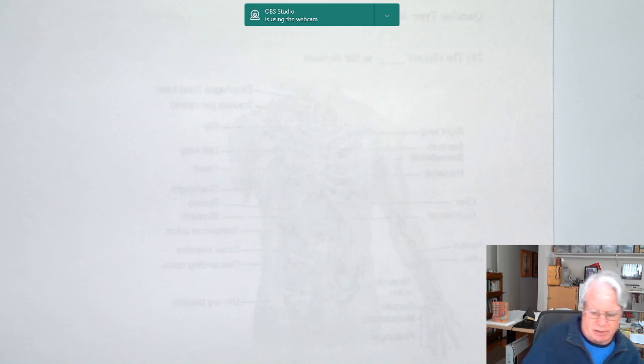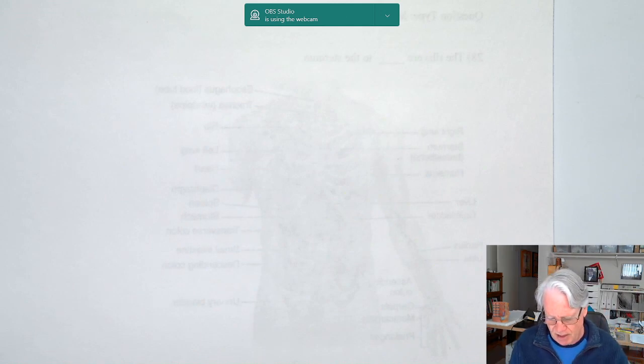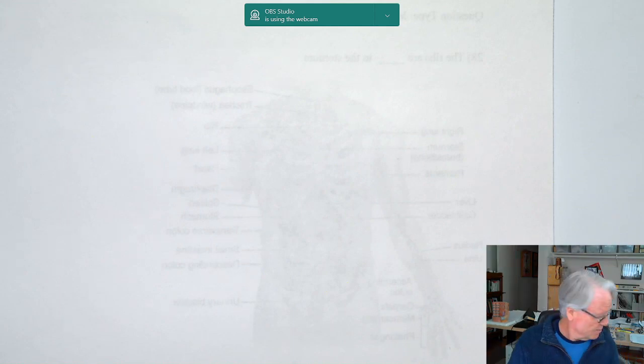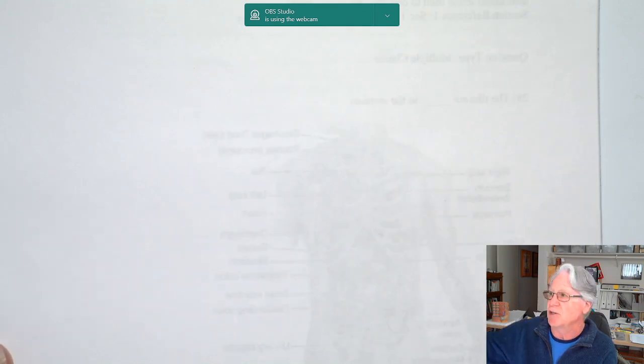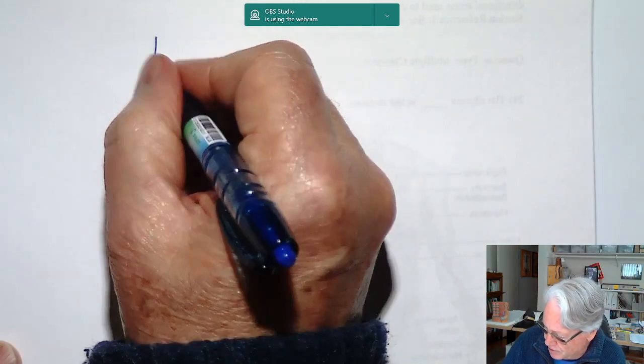All right, so let's move on and talk about these types of junctions. We'll begin with tight junctions.